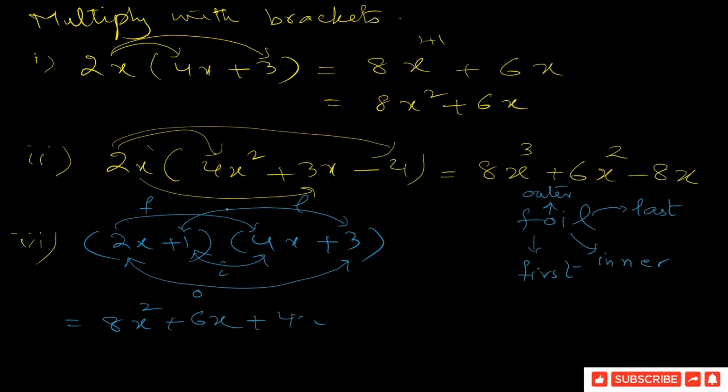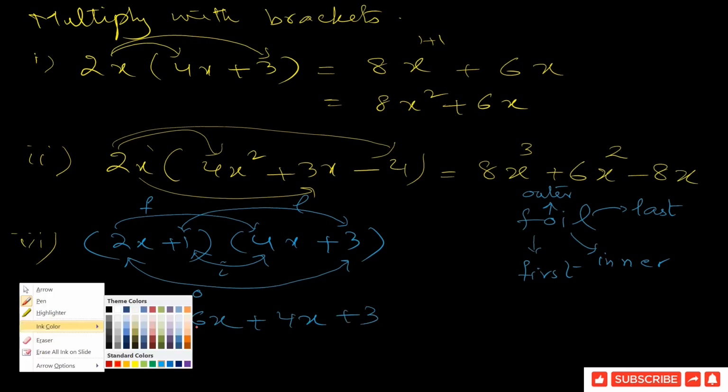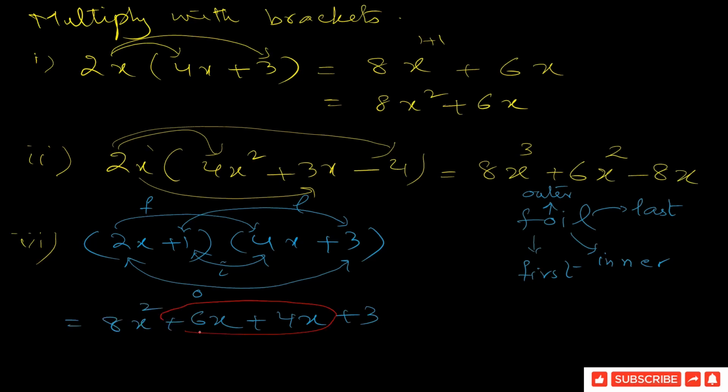And last ones: 1 times 3 will be plus 3. Now we have like terms, so we add them. Plus 6x plus 4x. So it becomes 8x squared plus 10x plus 3. This is the answer. Hope you understand this.